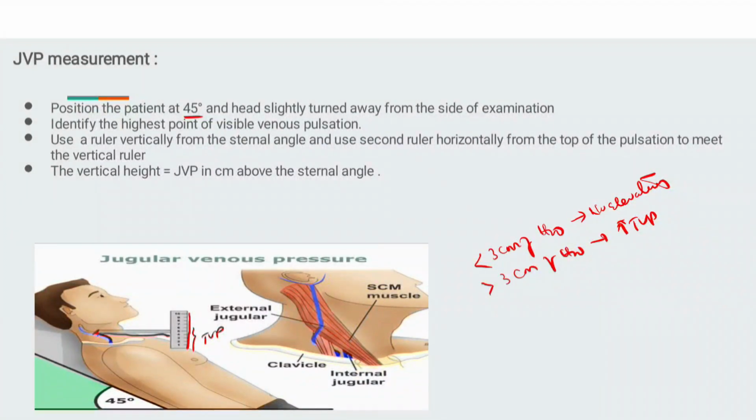So we add 5 centimeters of H2O to the measured value, like if you take 3 centimeters, to get a value that gives us JVP and right atrial pressure.